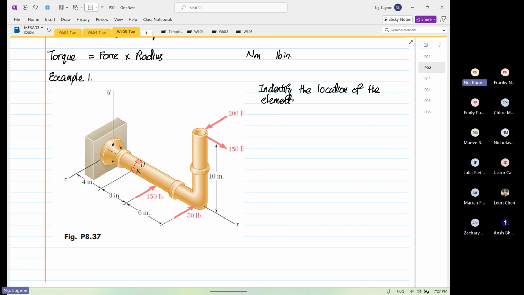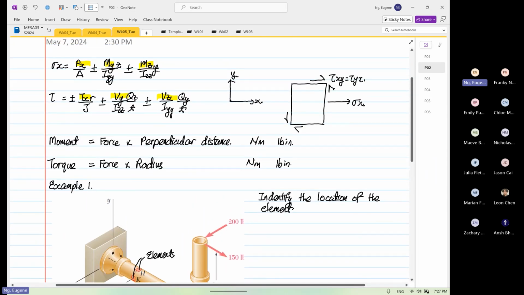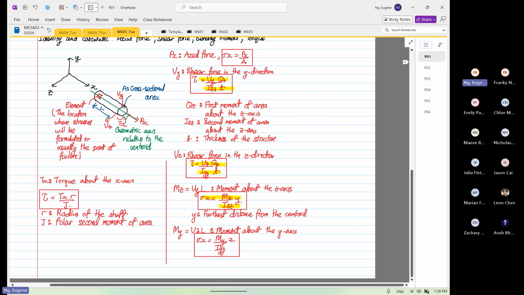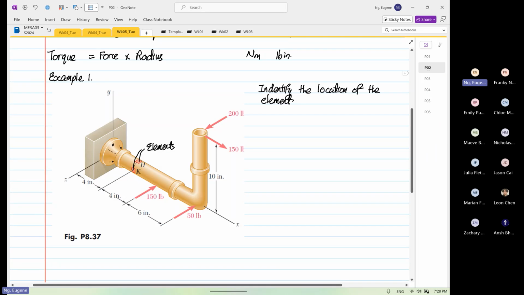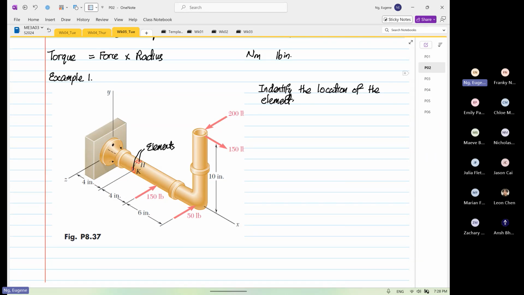So we identify the location of the elements. So these are the elements. The next thing, like what we had before, we are going to generate the geometric axis. So this is number one.